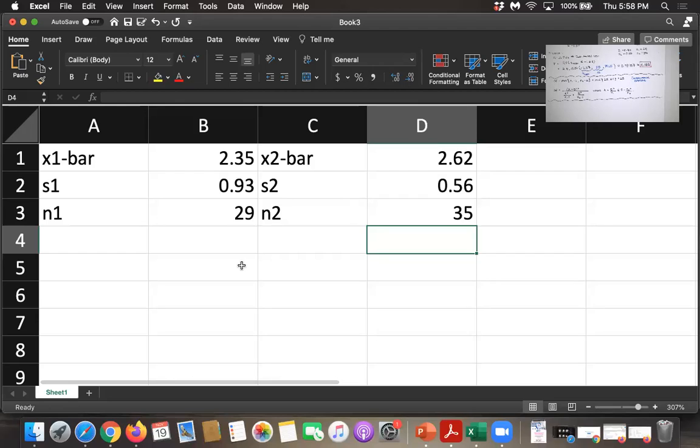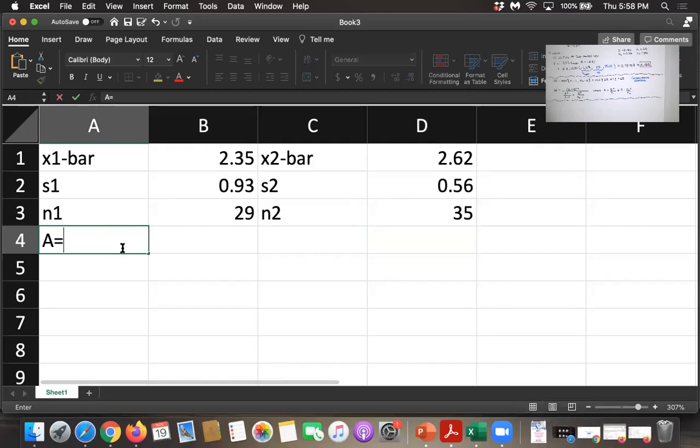Okay, so I've just typed in my x sub 1 bar, x sub 2 bar, S1, S2, N1, and N2, and I want to use this formula for the degrees of freedom. That requires that we compute A equals S sub 1 squared over N1, and I guess we should have extra parentheses here just to indicate that we're squaring that and then dividing by N1.